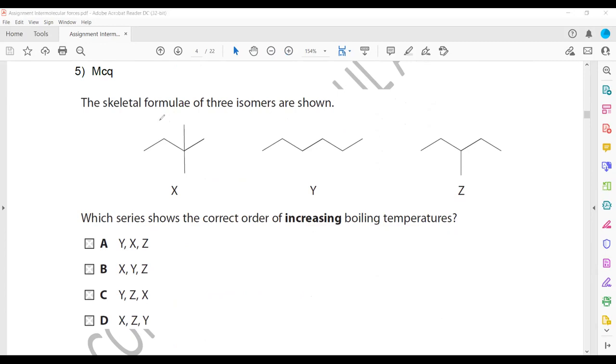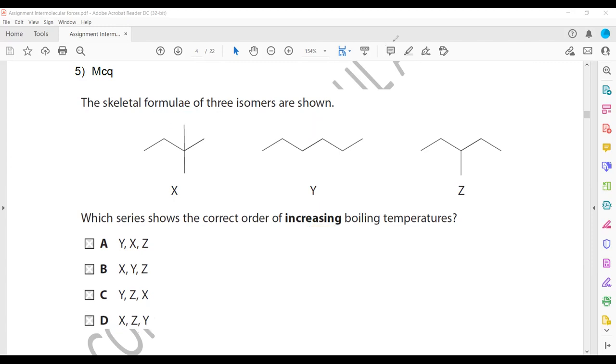This one has two branches, so this will have the lowest. This has one branch. This has no branch, so large surface area, this will be highest. So in increasing boiling point, Y will have the highest boiling point and X will have the lowest. That's why D is the right answer.